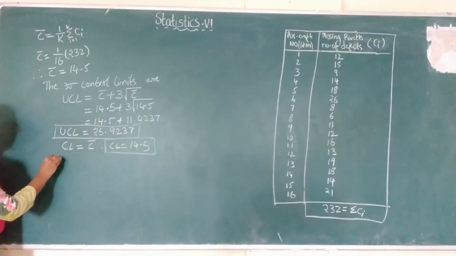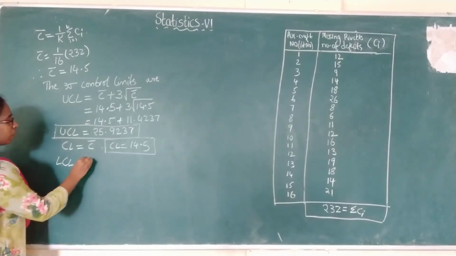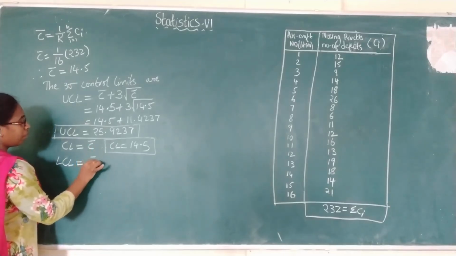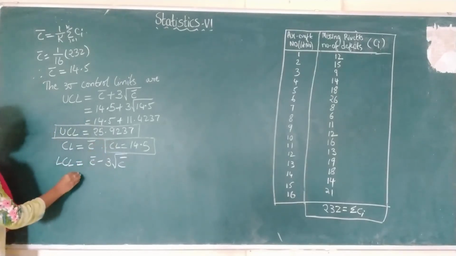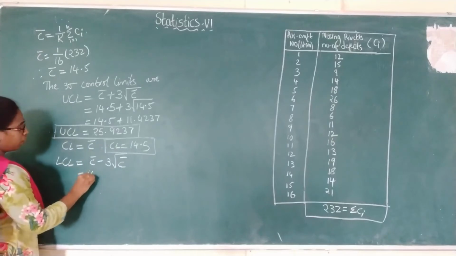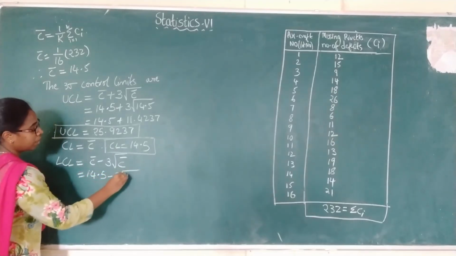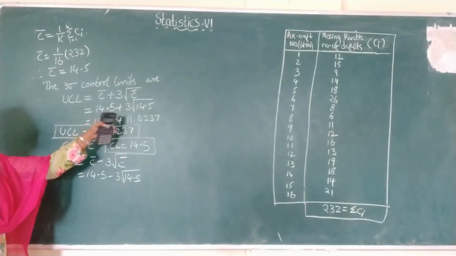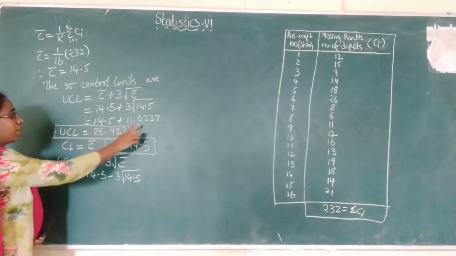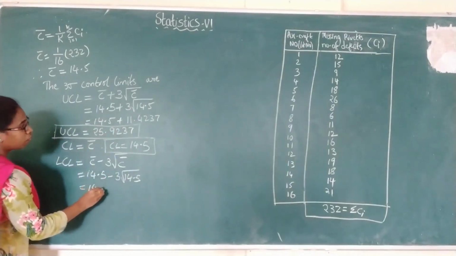Next find out the LCL. Here LCL equals C bar minus 3 into under root C bar. What is the C bar value? 14.5 minus 3 into under root 14.5. We already got 3 into under root 14.5 value as 11.4237.